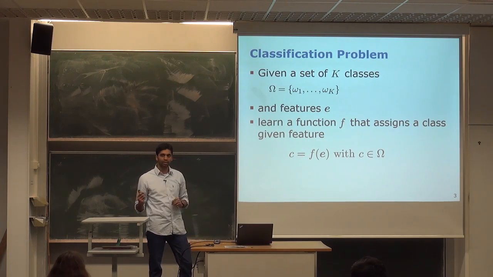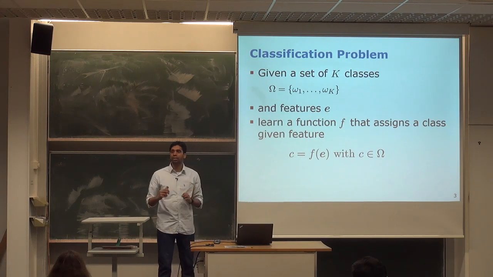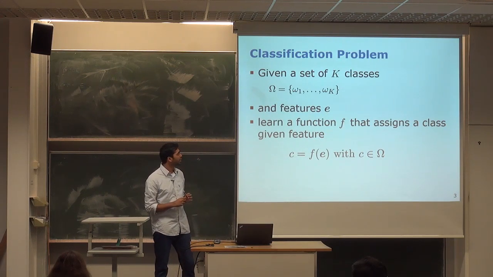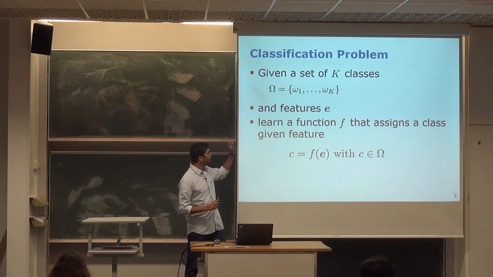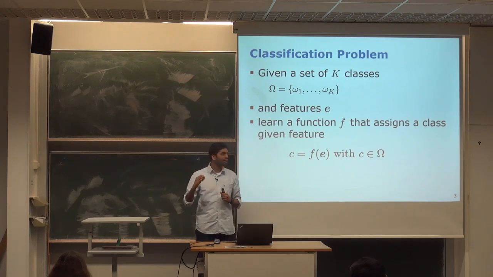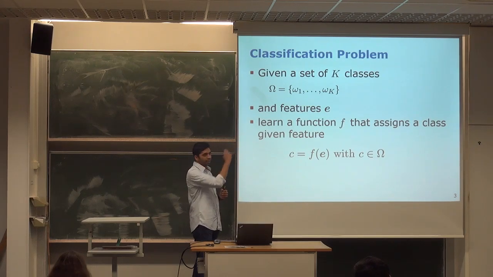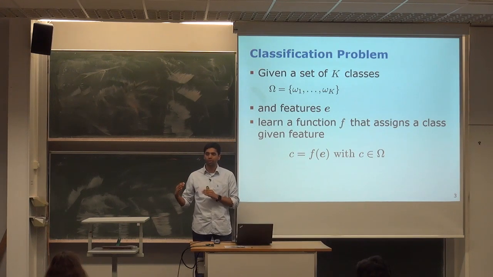So what we have till now is that in our problem, we want to classify the data into k classes, and we are given what are called the features E, which are derived from the data itself. The problem of classification is basically that we want to learn a function f that assigns a class given a feature E. In this case, for example, E is the representation of the image that we saw.